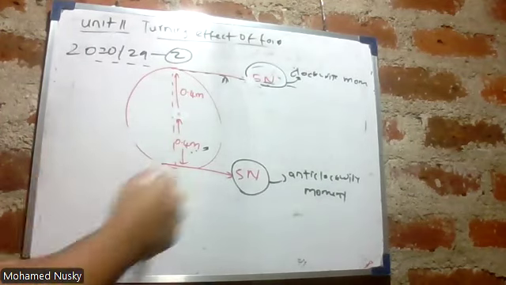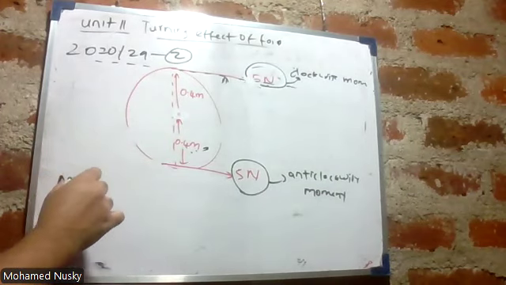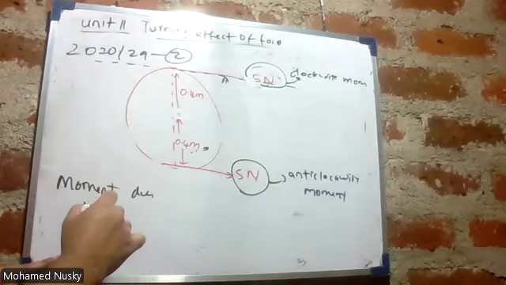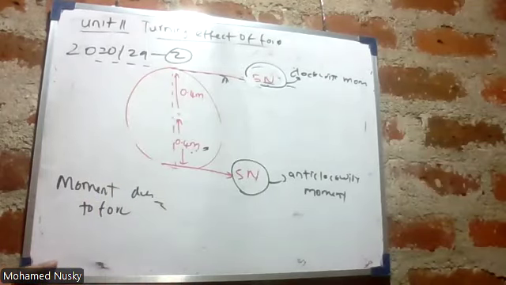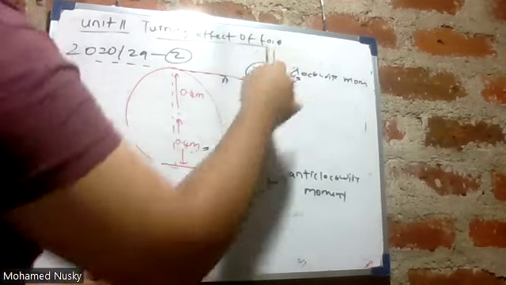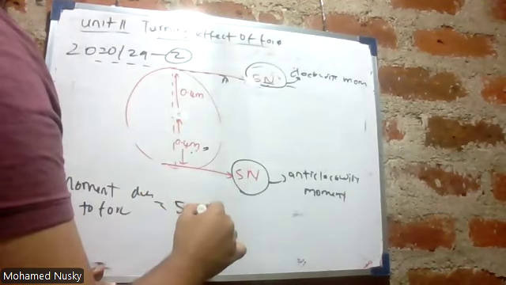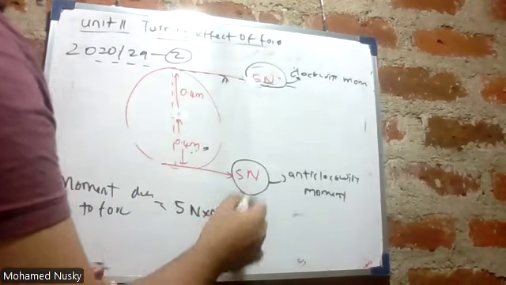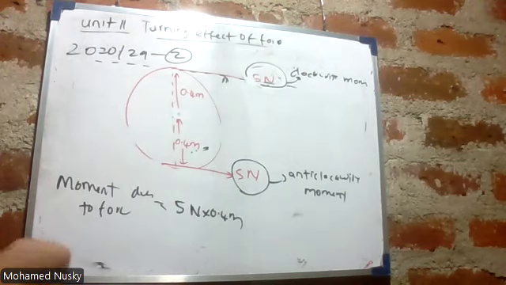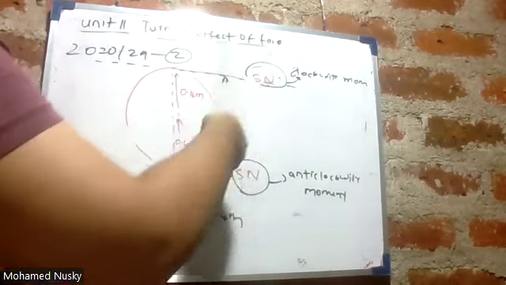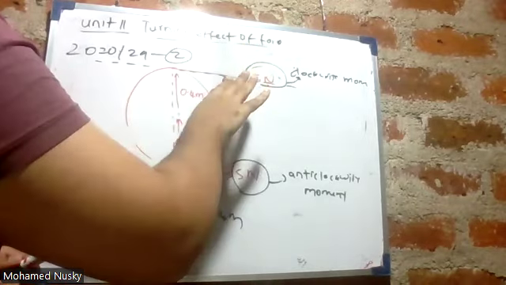If they ask for the moment due to forces, not a couple, what are you going to do? Here we have the clockwise moment, 5 Newton into 0.4. But because this one is in the opposite direction, not the same, this is clockwise and this is anti-clockwise.